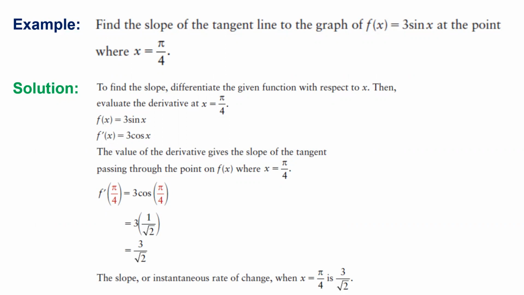Or you can also rationalize the denominator. This is 3 over 2 times square root of 2. So we can make the conclusion the slope or instantaneous rate of change when x equals a quarter pi is 3 over square root of 2, or 3 root 2 over 2. Okay, any questions? Okay, I'll give you 2 minutes to have a look at the solution here.